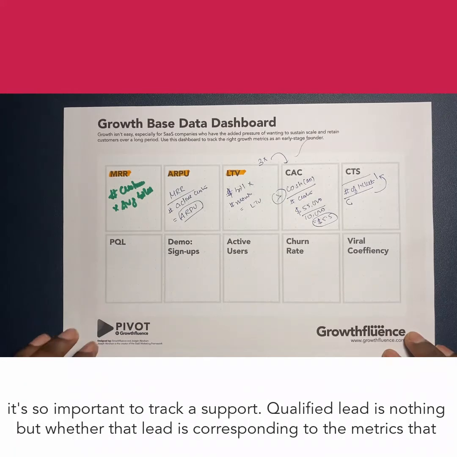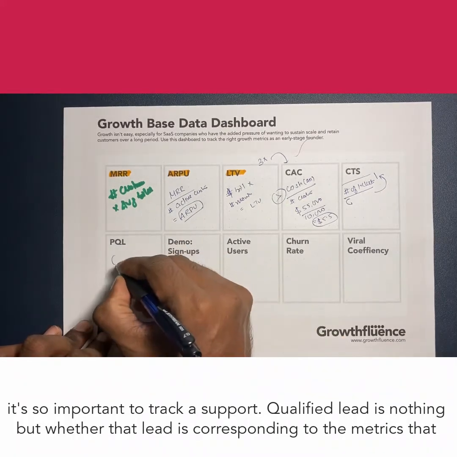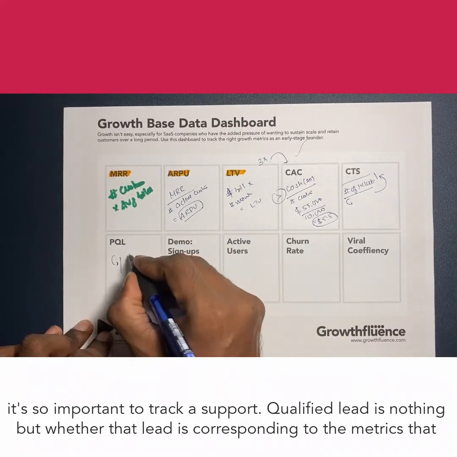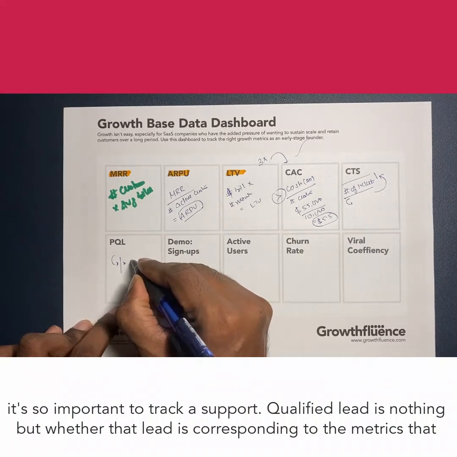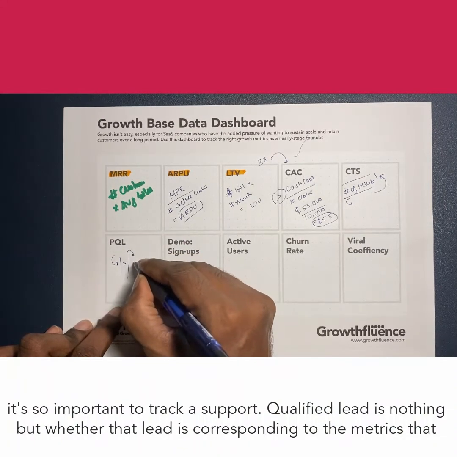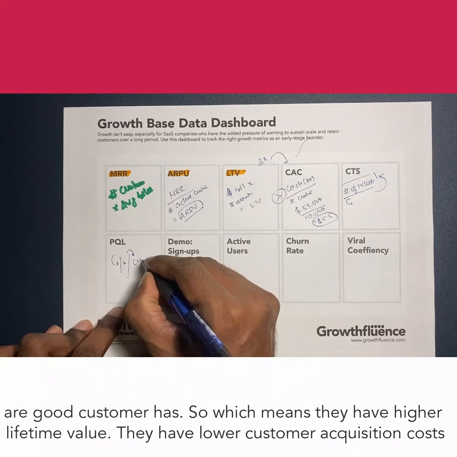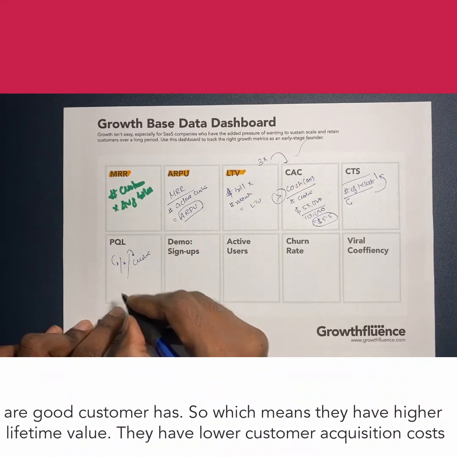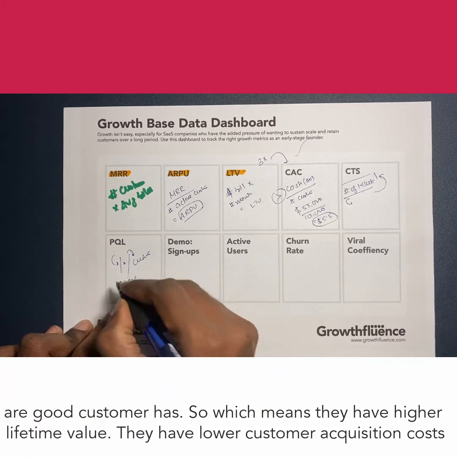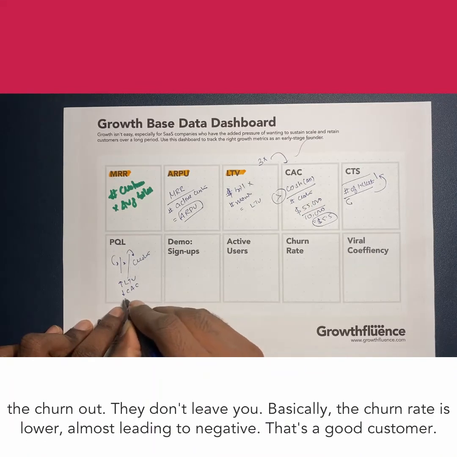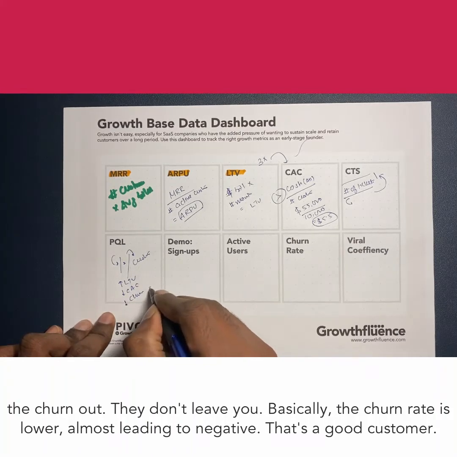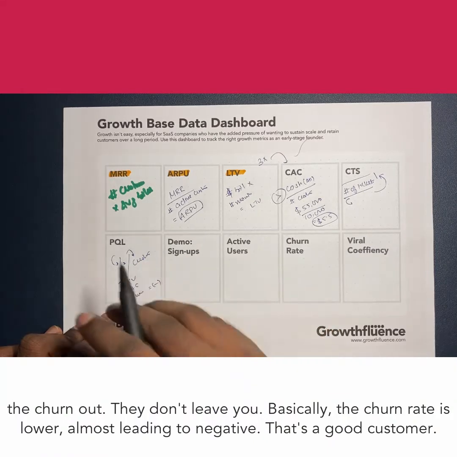So product qualified lead is nothing but whether that lead corresponds to the metrics that a good customer has. Which means they have higher lifetime value, lower customer acquisition cost, and they don't leave you. So the churn rate is lower, almost leading to negative.